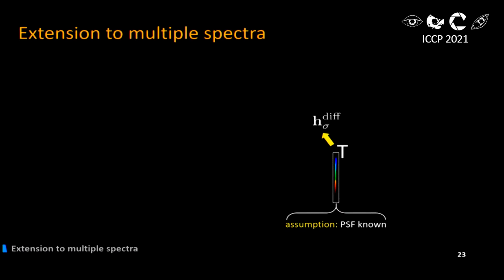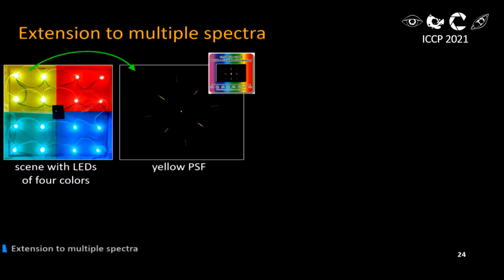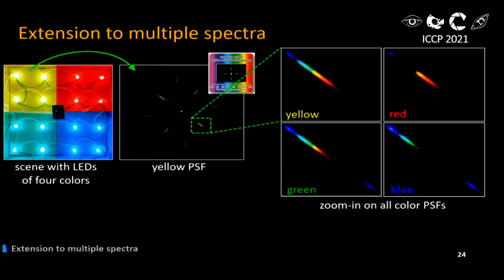So far, we assume that there is a single known PSF that describes the scene. But general scenes can have a variety of sources, each emitting or reflecting a different spectrum, like this scene, which has 4 LEDs with different colors. In this experiment, we used a double-axis diffraction grating, and so the point spread function of each LED is a star, having a slightly different spectrum.